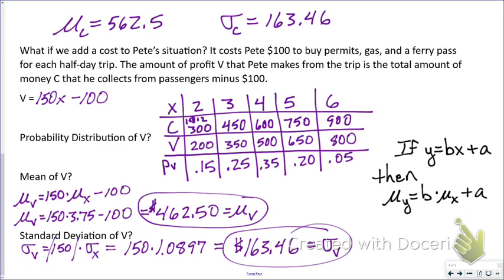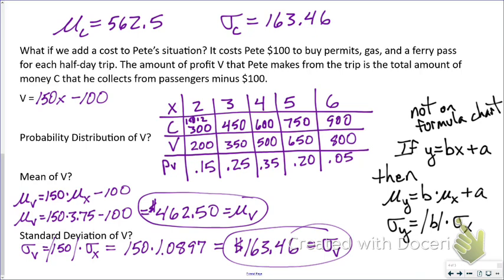I know the standard deviation of y is the absolute value of b times the standard deviation of x. These are not on the formula chart. And that is one reason why this is a difficult handout, because these formulas are not on the formula chart.